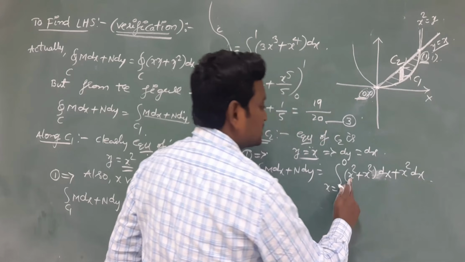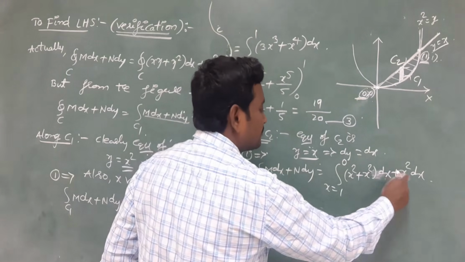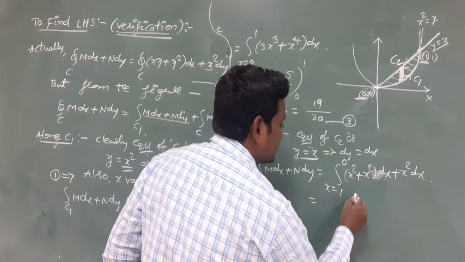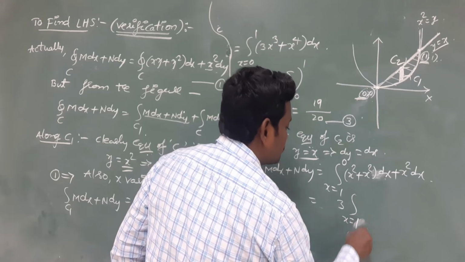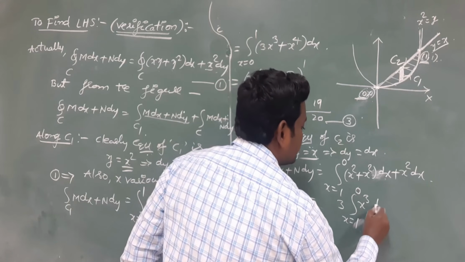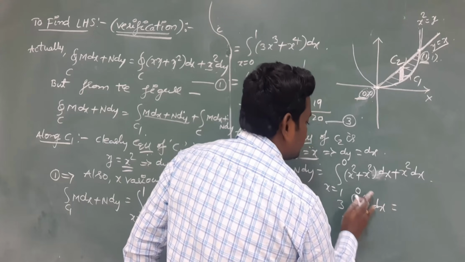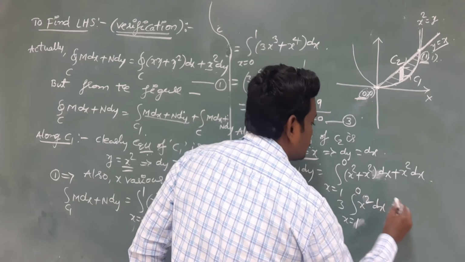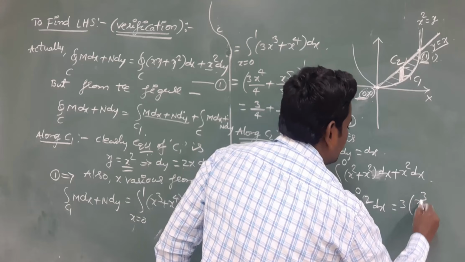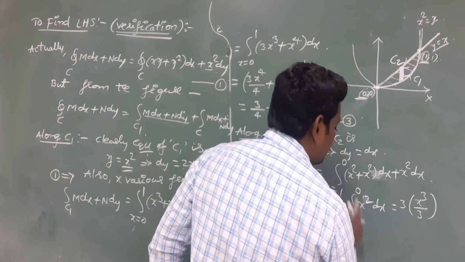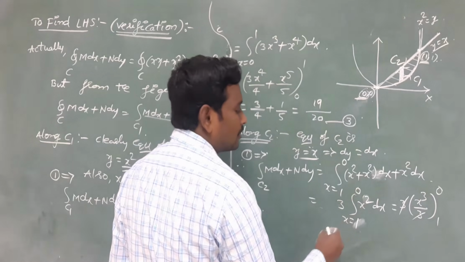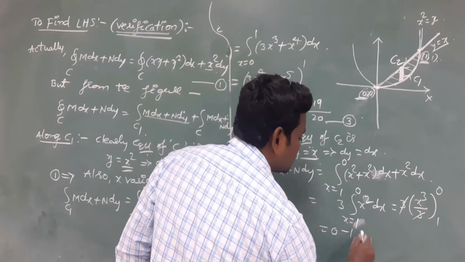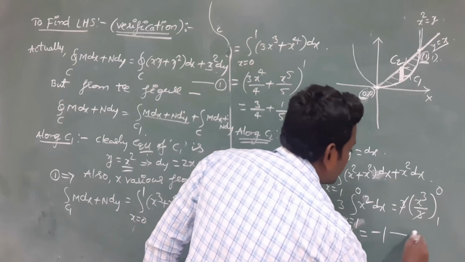Anyway dx is the common term, so x square plus x square plus x square is 3x square. 3 is the common constant, x from 1 to 0, 3x square, 3 into x cube by 3 within the limits 1 to 0, 3 getting cancelled. By applying upper limit minus lower limit, you will get 0 minus 1, which is minus 1. Take it as equation number 4.